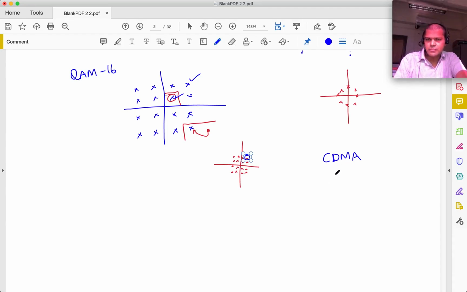It was quite popular in 3G, and you would have heard of WCDMA, wideband CDMA. Right, so CDMA I would describe as more of a medium access or link layer technology, but of course sometimes the sort of separation between physical and link layer is not so clear, so some people might think of it as a physical layer technology.